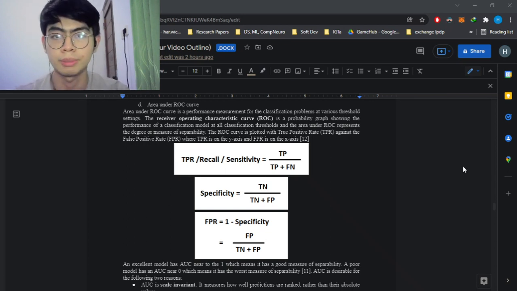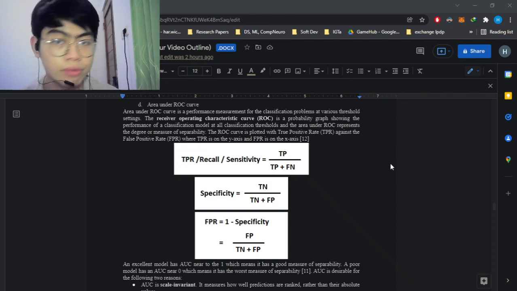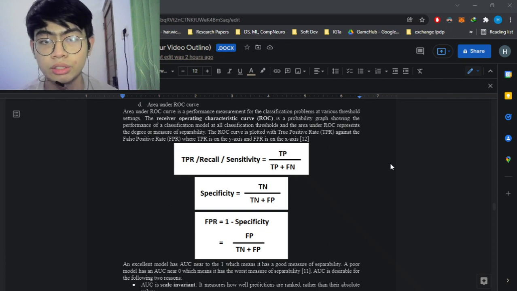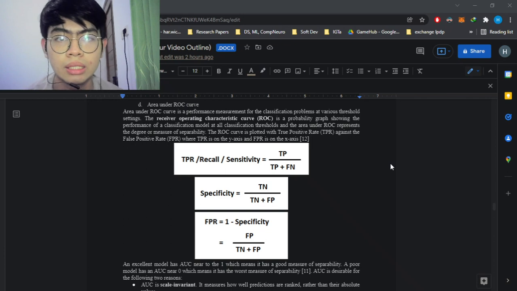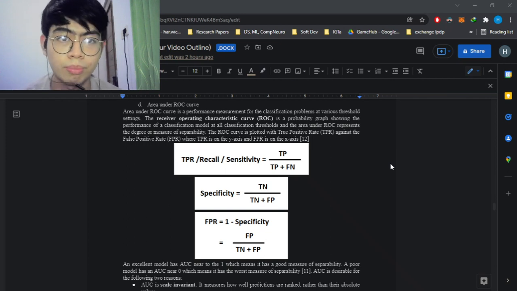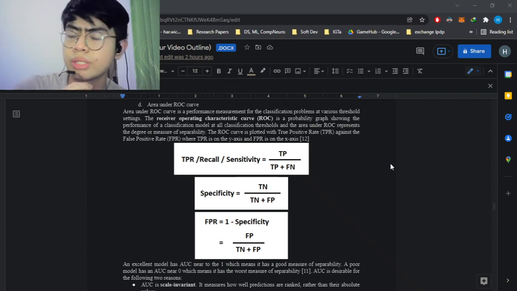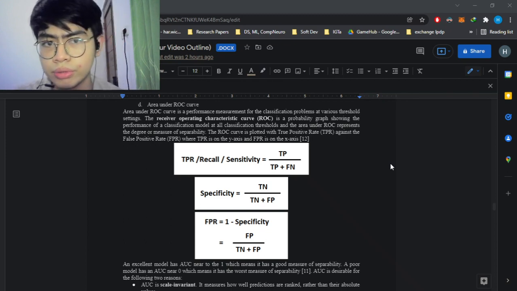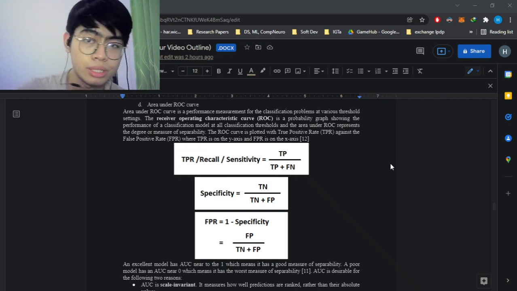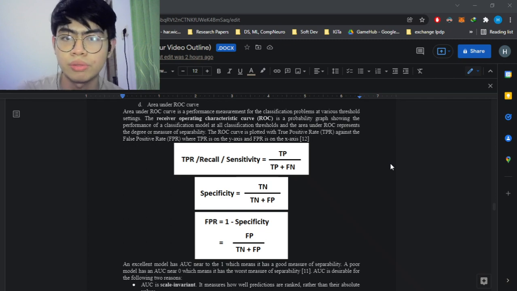Next up, we're going to be talking about the area under the curve, or specifically the area under the receiver operating characteristics curve, the ROC curve. It is actually one of the most popular, commonly used performance measures for classification problems at various thresholds. The ROC itself is a probability curve, and the AUC, the area under the curve, represents the degree or measure of separability.